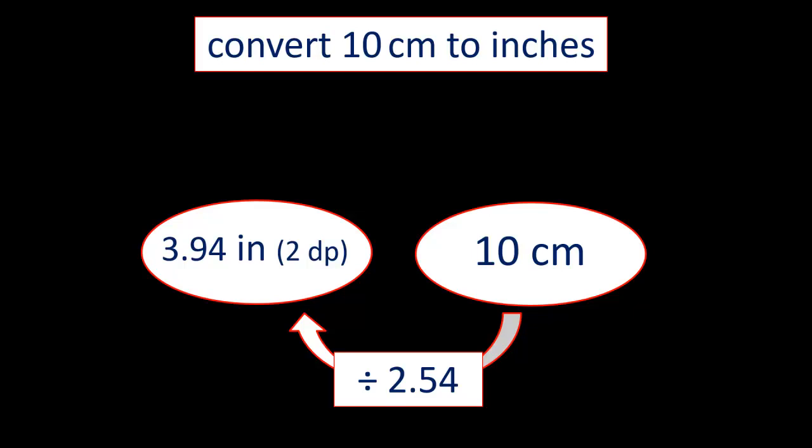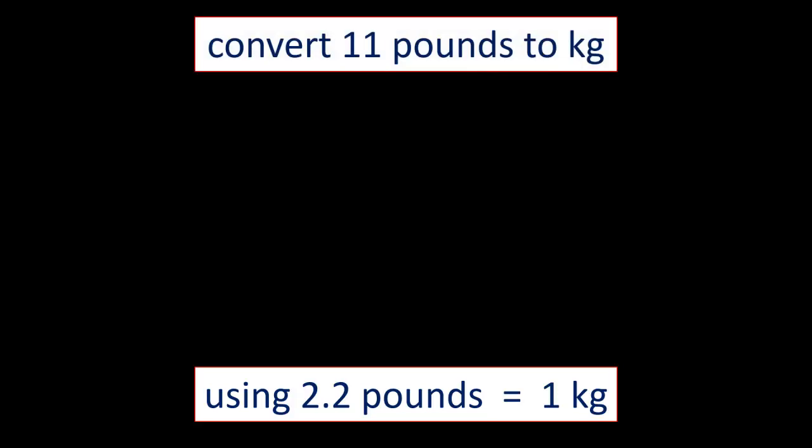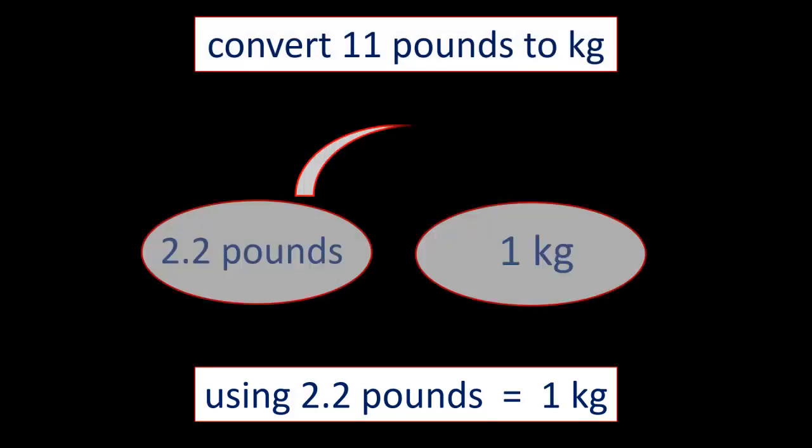Okay, let's have a look at another couple. We're given the formula: using 2.2 pounds is 1 kilogram, convert 11 pounds to kilograms. Let's write down the conversion. 2.2 pounds is 1 kilogram, and notice which way the arrow goes, because we're converting 11 pounds to kilograms.